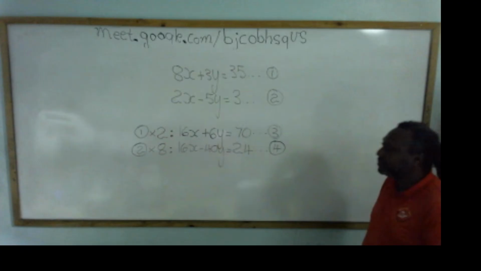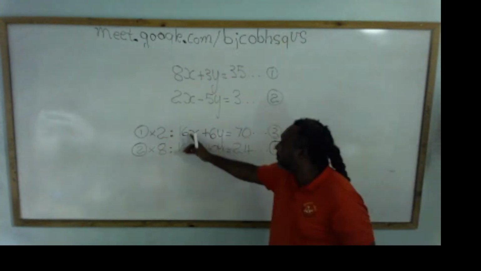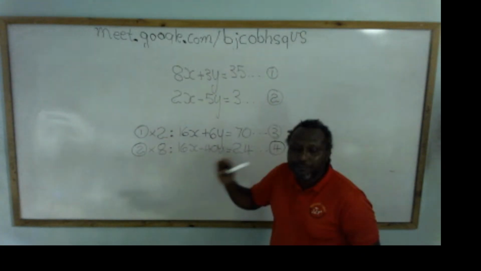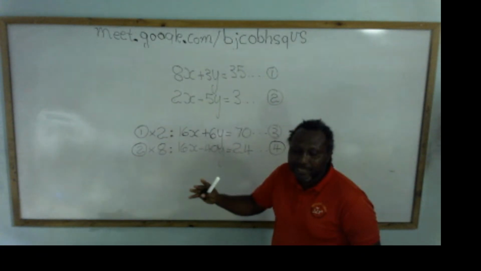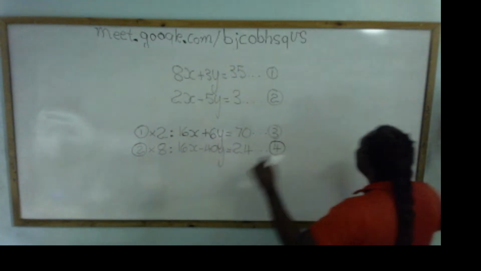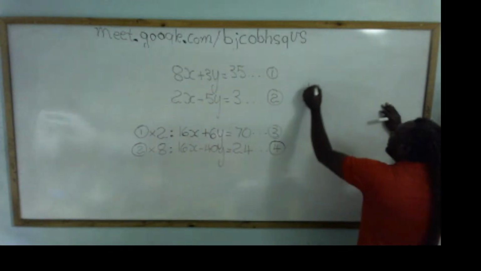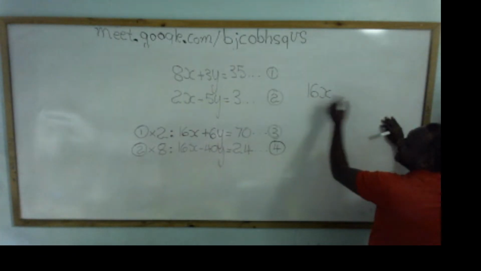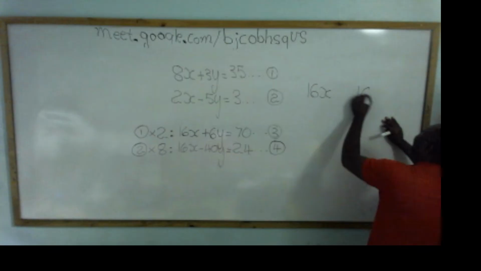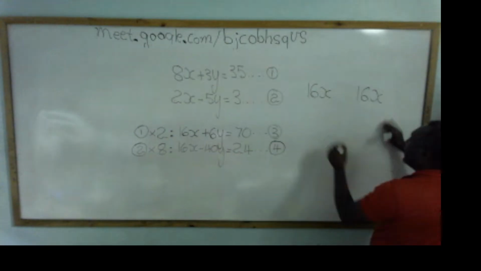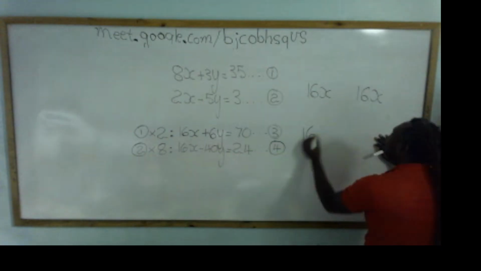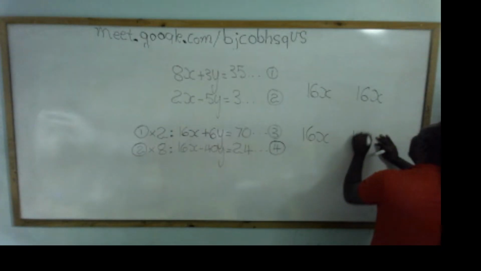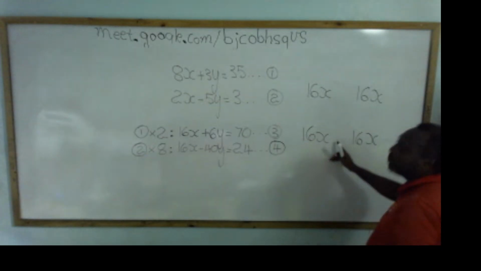Right. Now that the two x's have the same coefficient, the two values are exactly the same. So if you have two numbers, or two expressions, or two terms, 16x here and 16x there, what sign would you put between them in order to get 0?